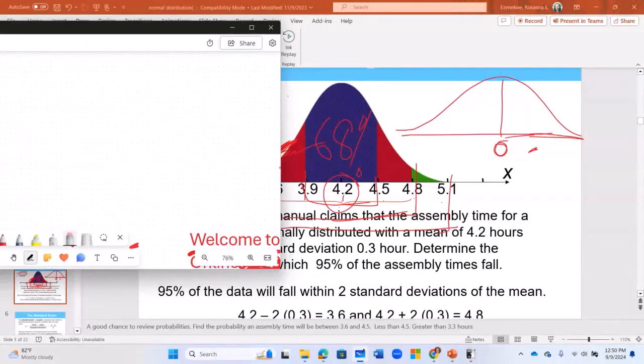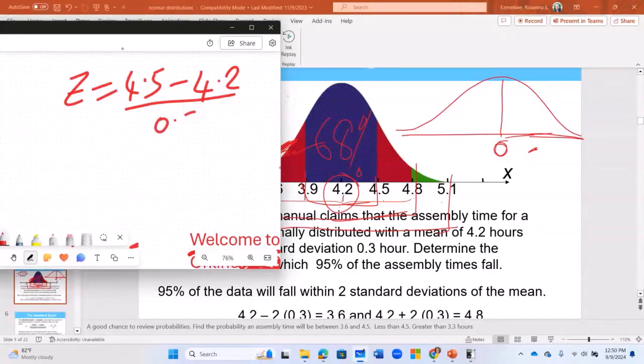So I'll put in the argument. The z-score is equal to value, and the value this time is 4.5, minus mean. The mean is 4.2, over standard deviation, which is 0.3. Then I simplify.